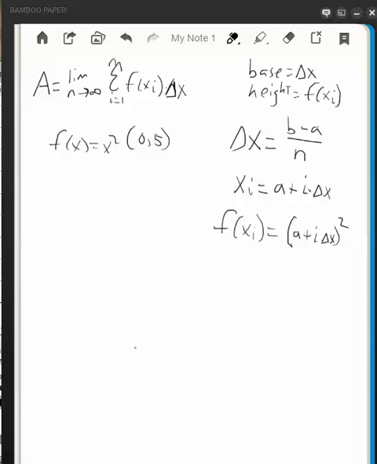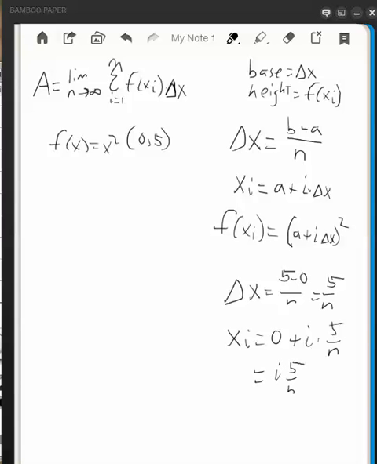Okay, but since that is a specific one, why not just substitute everything we know, right? Delta x we can now isolate a little bit more. So my delta x for this example would be 5 minus 0 over n, which is 5 over n. My x sub i starts at 0, right, plus i times 5 over n, that's delta x, which is just i times 5 over n.